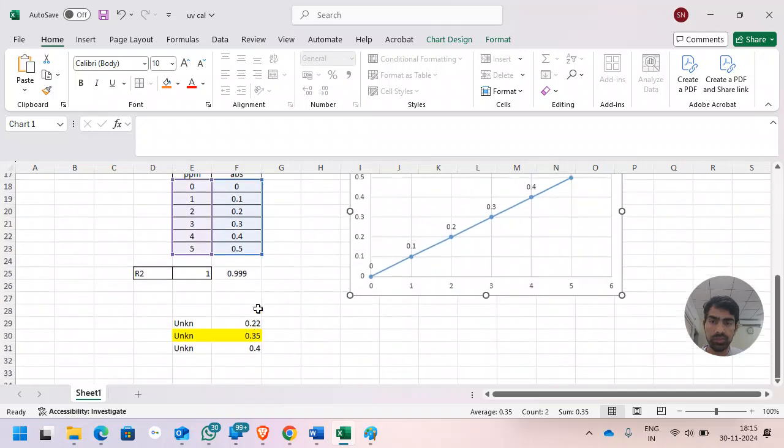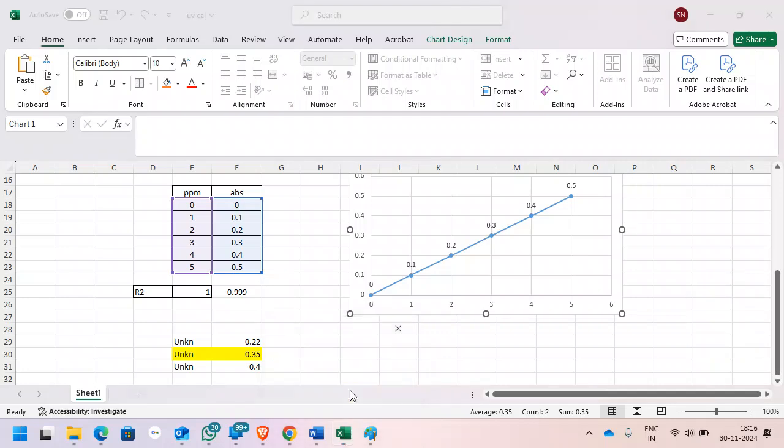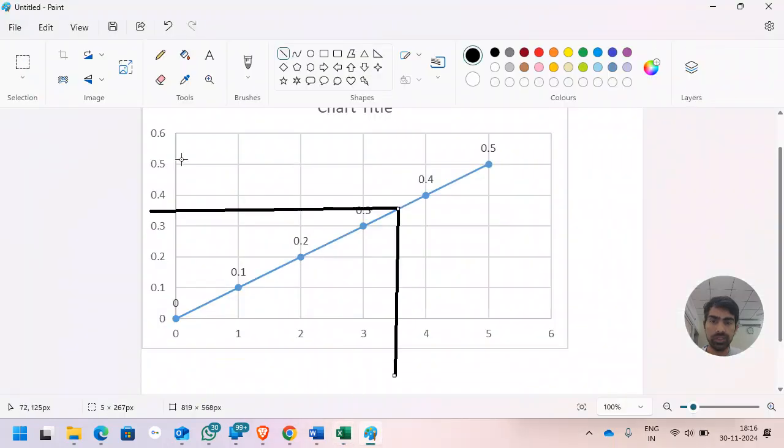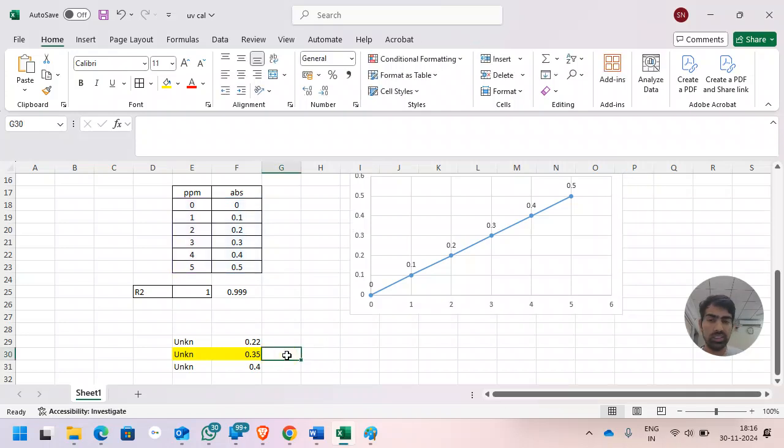We take another example, 0.22. Taking 0.22 here in Paint, we draw the lines the same way, and it shows about 2.2 ppm. So the concentration for 0.35 is 3.5 ppm, and here we got 2.2 ppm.